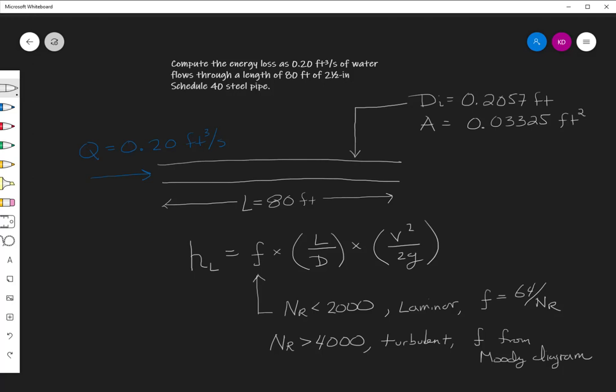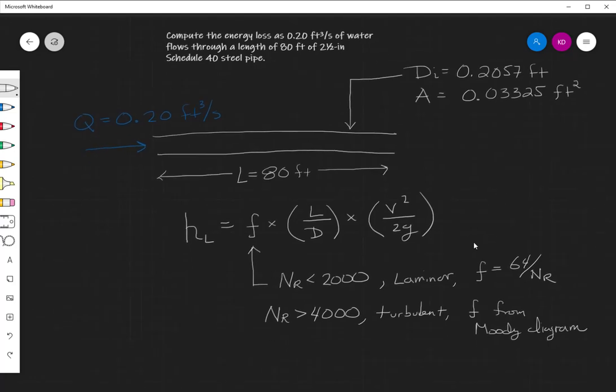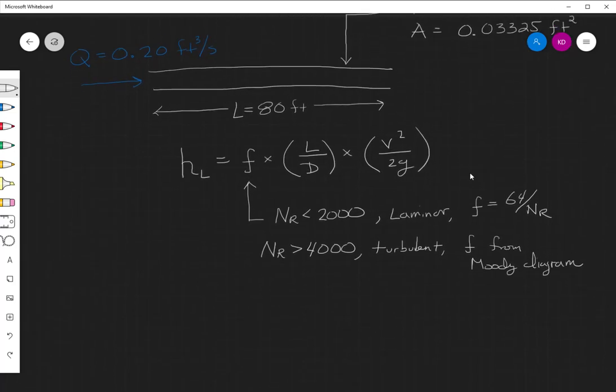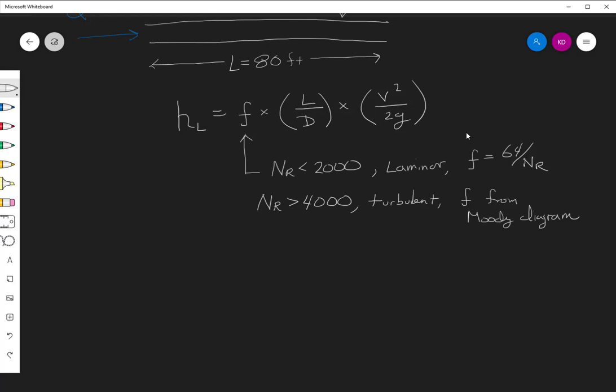Okay. So the first thing that we want to do is calculate the Reynolds number so we can determine whether our flow is turbulent or laminar. The equation for the Reynolds number for a round pipe is equal to the average velocity of flow in the pipe times the inside diameter of the pipe divided by the Greek letter nu, the kinematic viscosity of the fluid traveling through the pipe.